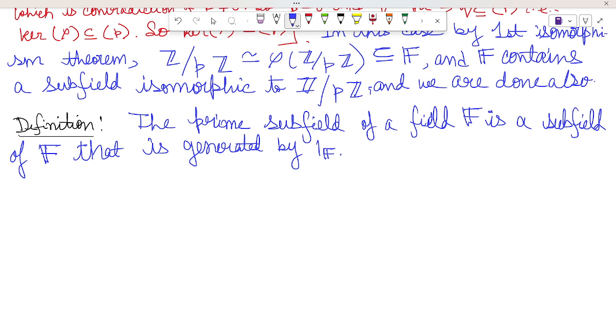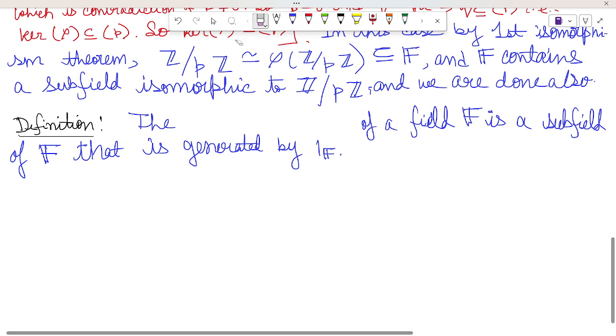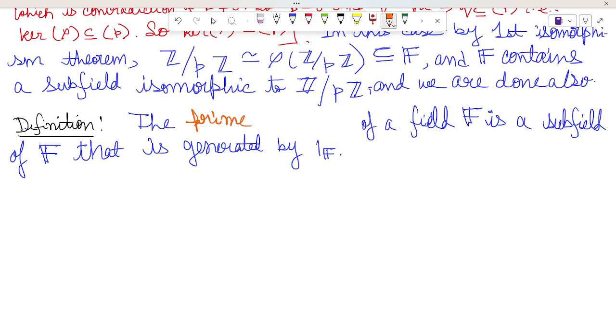Don't worry. The prime subfield, I need to write in another font.